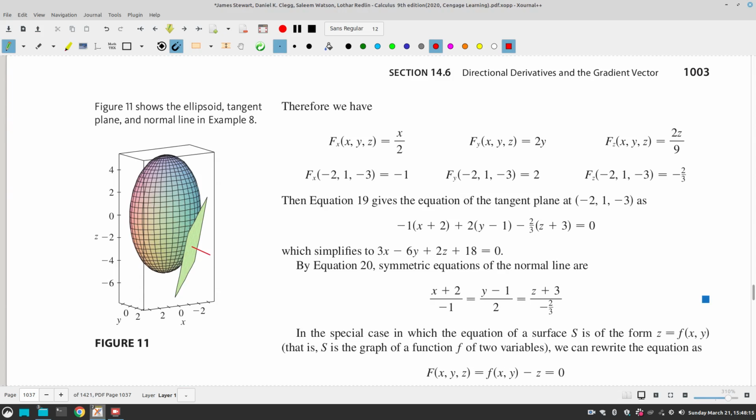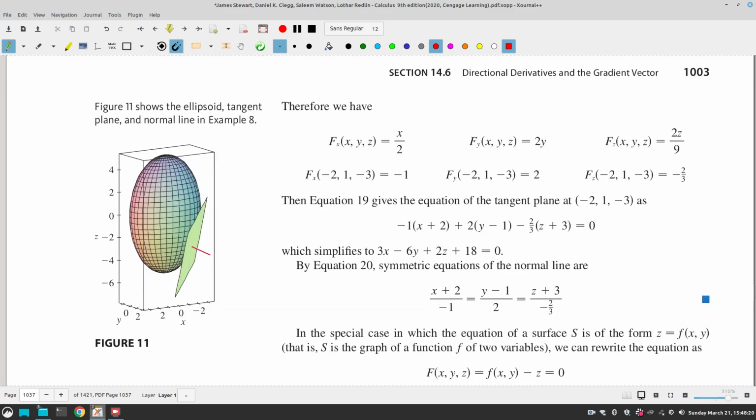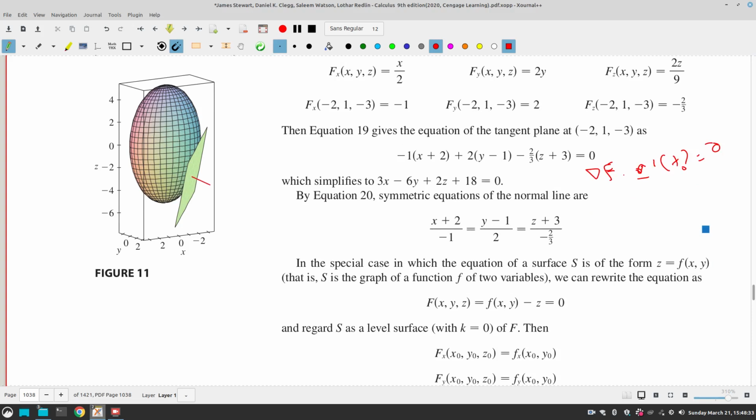Once I found the equation of the tangent plane, this is basically delta f dot r prime t naught equals 0, sorry. And we can find the equation of the normal line at this point. So this is x plus 2 divided by fx, y minus 1 divided by fy, z plus 3 divided by fz. Now we have the normal line.